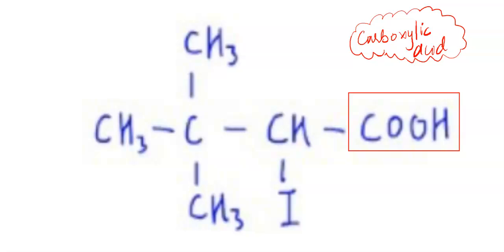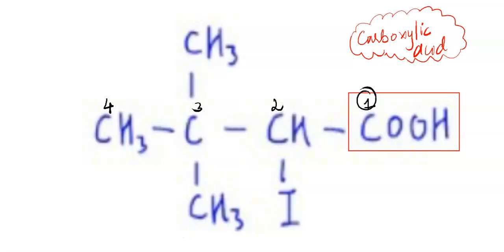So no worries how many substitutions are there or whatever is attached to the chain, you just need to start numbering from carboxylic acid. So where do we number in this chain? We number it 1, 2, 3, and 4. So this is always 1, so we don't have to mention the position of carboxylic acid.